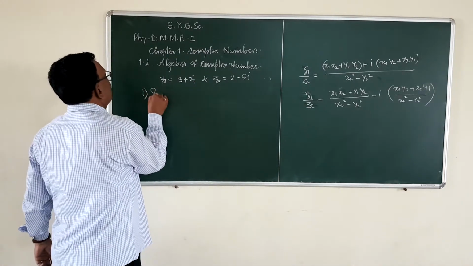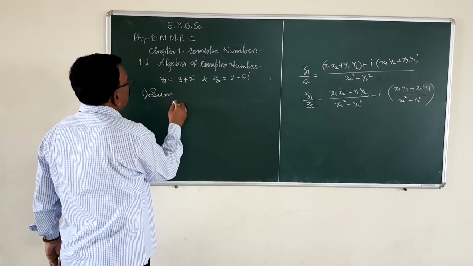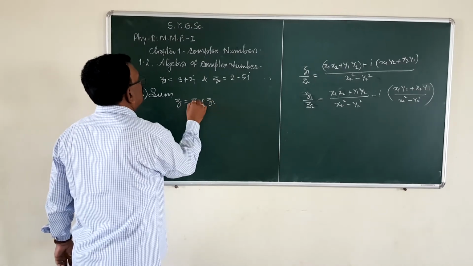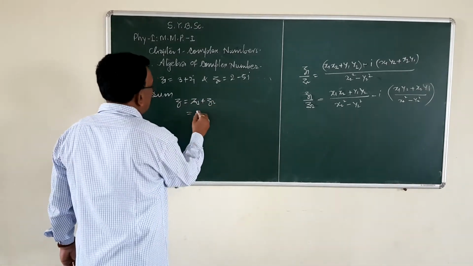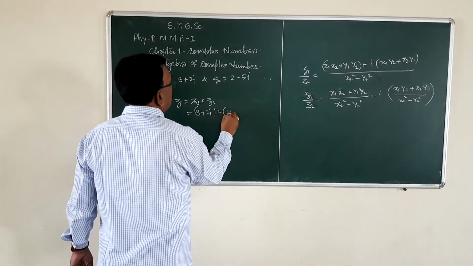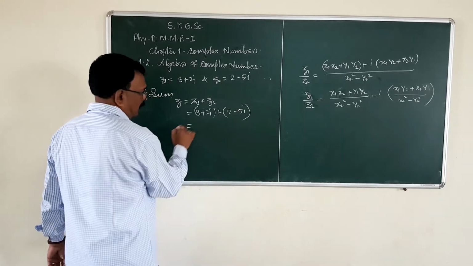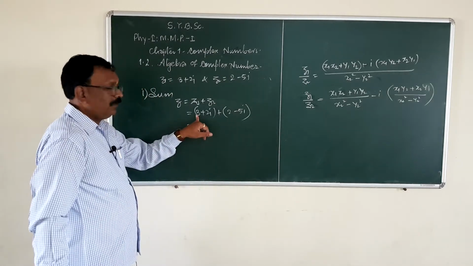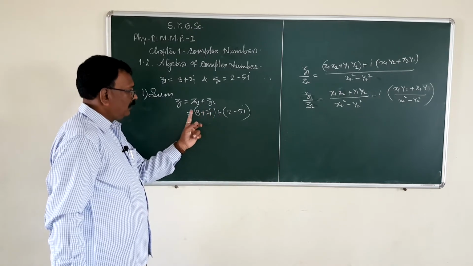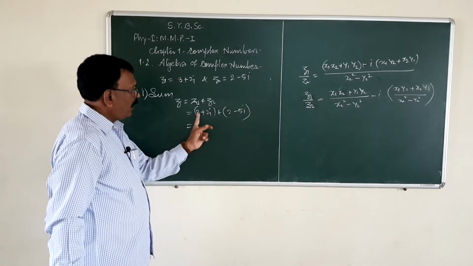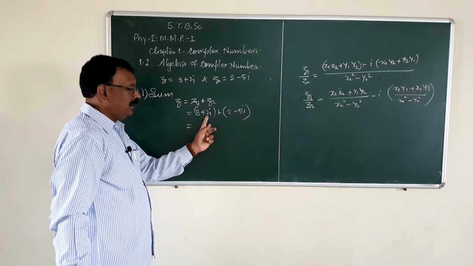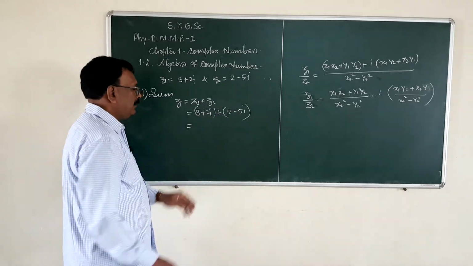Hence, first, sum. According to this, we have to write z is equal to z1 plus z2. After substituting the value, we will get 3 plus 2i plus 2 minus 5i. Remember that for the addition of two numbers, we have to add the real part of the first number with the real part of the second number, and we have to add the imaginary part of the first number to the imaginary part of the second number.